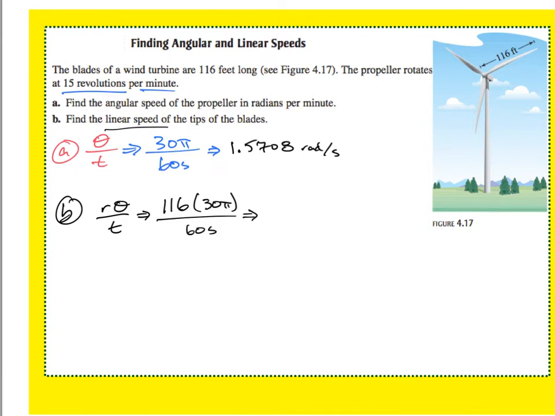So now we're going to type that into our handy dandy calculator. So how fast does this propeller move? What is it? 2124 feet per second. All right.